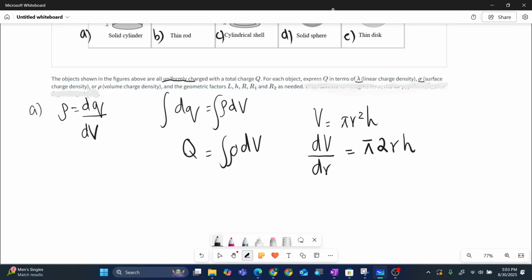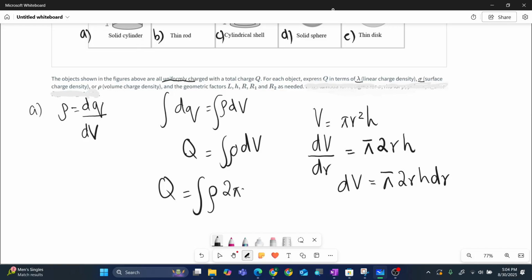So this is basic calculus here, and if I now rearrange this, I will get 2 pi r h dr, and I can put this in my formula. You don't need to do that for this simple question, but I'm just going to tell you about the integration variable in this case, because we know that our volume is not changing. The thing that will change is the radius. So we are going to integrate over the radius, okay?